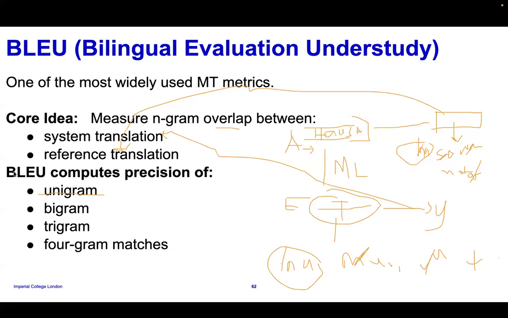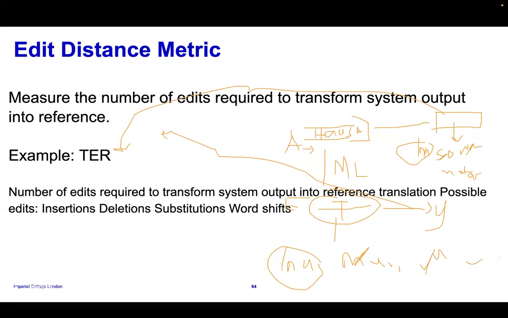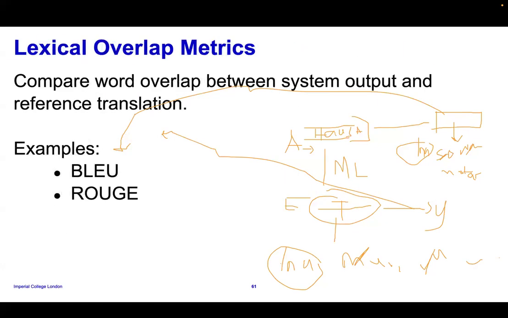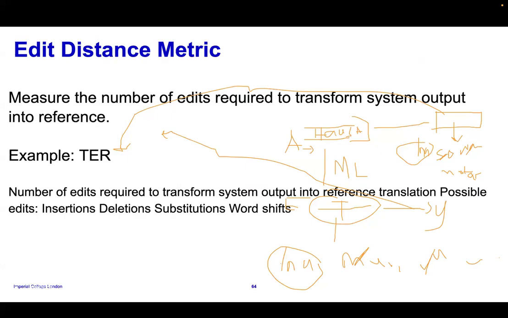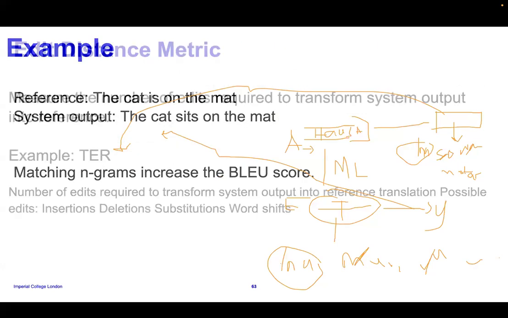All right, so let's go on. This is the example I gave. Next we have edit distance. So what does this edit distance metric do?